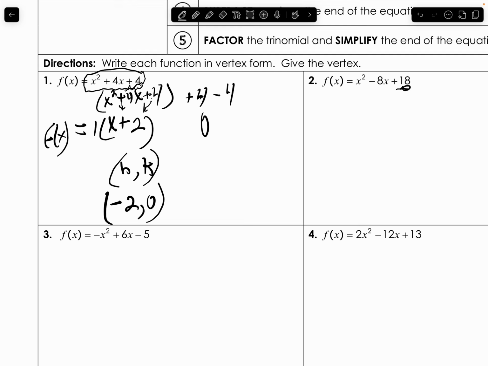We want 16 there. So x squared minus 8x, leave yourself space, move the plus 18 over, put what we need there to make the perfect square trinomial, half of the thing, and then squared. We added 16.